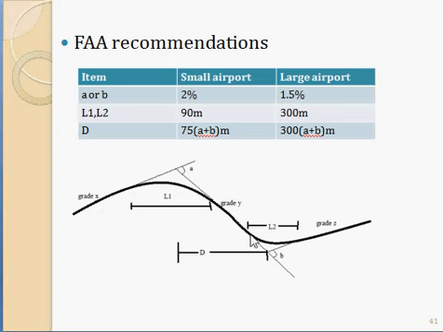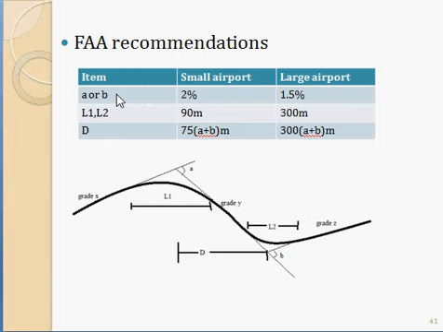There is a summit curve and a valley curve. X, Y and Z are the three gradients, L1 is the length of this curve, L2 is the length of this vertical curve, and D is the distance between these two adjacent vertical curves. You can see A and B here. So it is grade change.